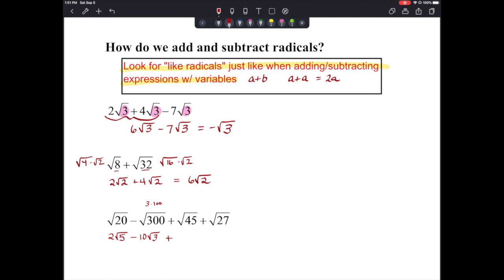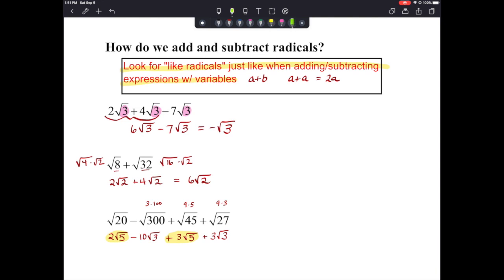Plus 45, we have 9 and 5. Square root of 9 is 3, so we have 3 times the square root of 5. And then 27 is 9 times 3, which is going to give us 3 times the square root of 3. Now, as we look at it, we've got 2 radical 5, and we have plus 3 radical 5.